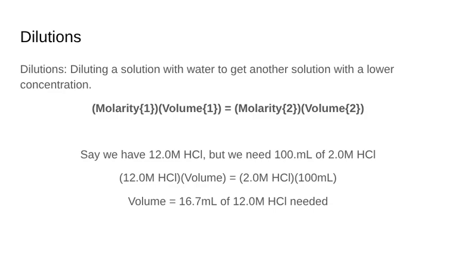So for example, if we have 12 molar hydrochloric acid, but we needed 100 milliliters of 2 molar hydrochloric acid, we could plug these values into our formula and do some simple algebra to get 16.7 milliliters of 12 molar hydrochloric acid are needed to dilute our solution so that our final solution is going to be that perfect 2 molar concentration.